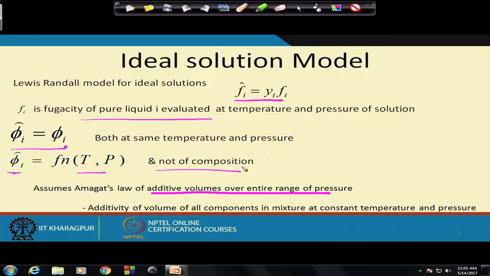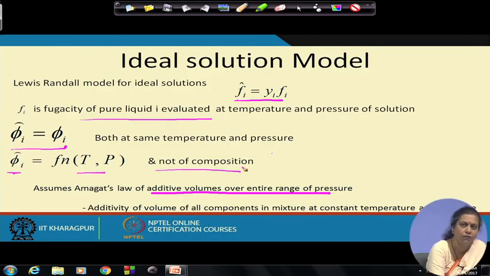Yet, although it is restrictive, it gives us a very simple equation, a very simple model, which tells us that the partial molar fugacity of component i in a mixture or in a solution is the mole fraction of that component in solution times the fugacity of that component in the pure state at the same temperature and pressure as that of the solution.